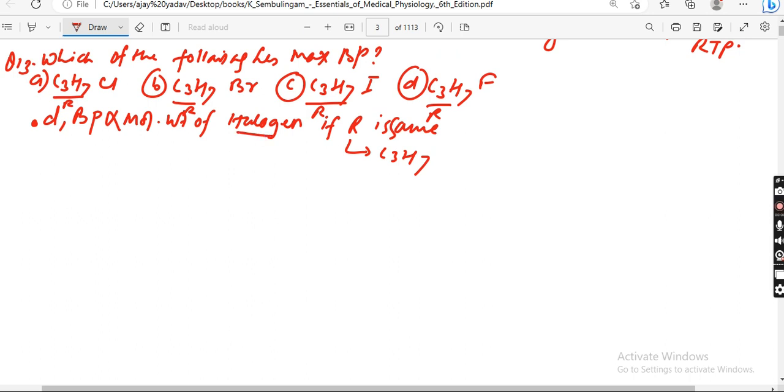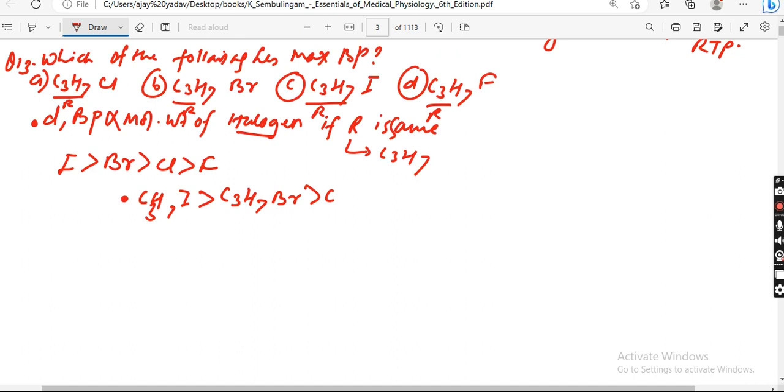Now for the halogen, the weight of iodine is more than bromine, more than chlorine, more than fluorine. So ideally C3H7I will have more boiling point than C3H7Br, then C3H7Cl, then C3H7F, right? So this is the correct answer.